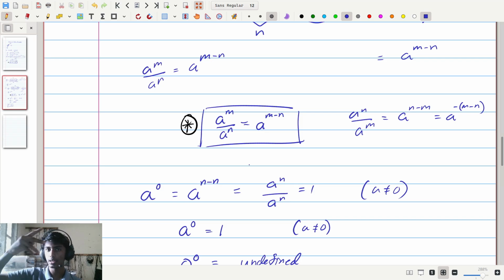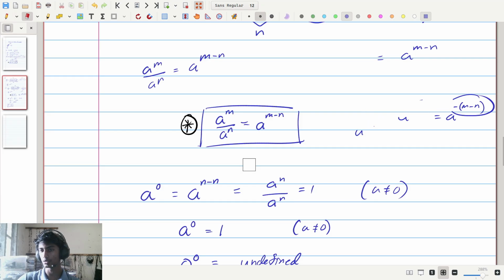So we can clearly see inverting these flips the sign of their index. We can see a to the n minus m is a to the negative m minus n. So clearly that's visible. I hope there's no confusion there, and let's carry on.